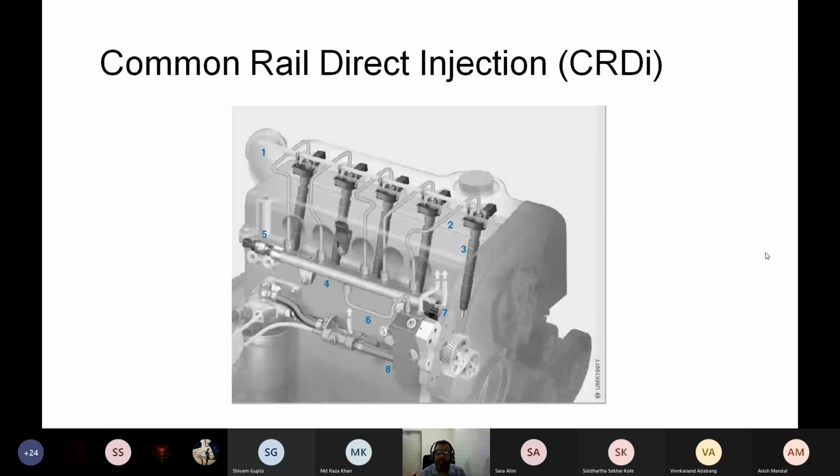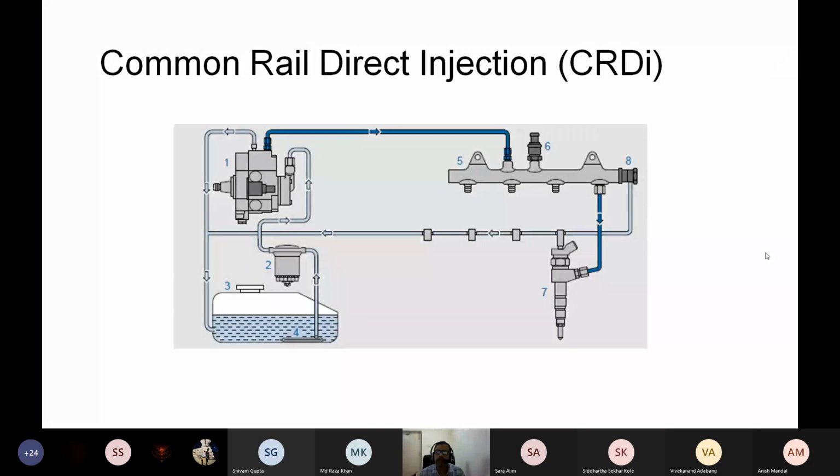We also discussed the schematic of the CRDI system. Here we have one, the high pressure fuel pump, second the fuel filter, third the fuel tank, fourth the low pressure fuel pump, then fifth the rail, sixth the fuel pressure sensor, eighth the fuel pressure control valve, and seven the injector.